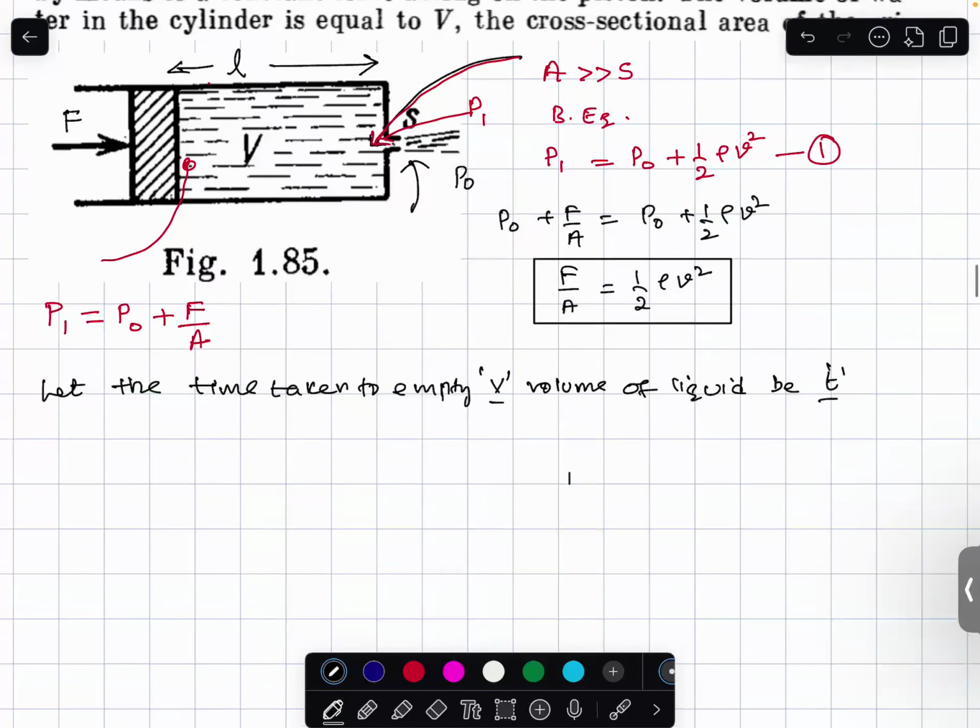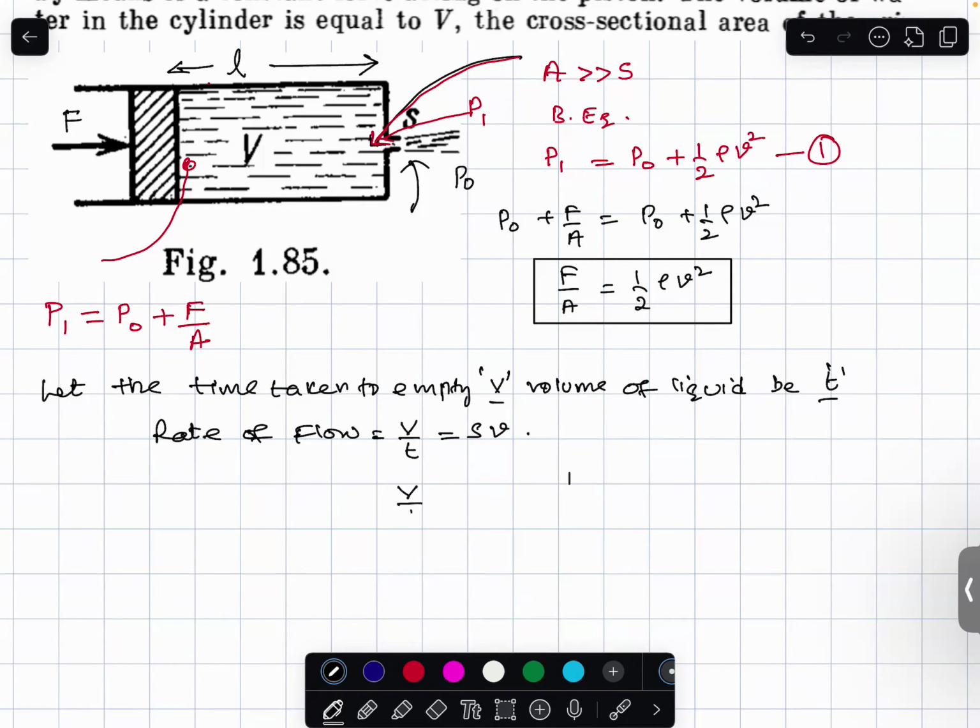Yes or no? Both were given in the question. So what is the rate of flow? Rate of flow is V by T, which is equal to SV. Yes or no?